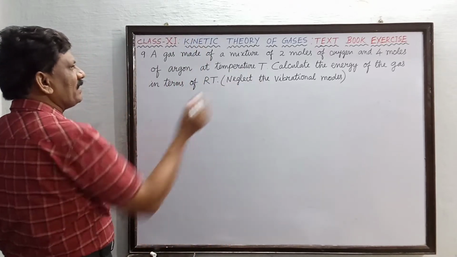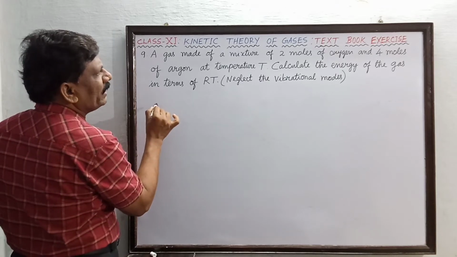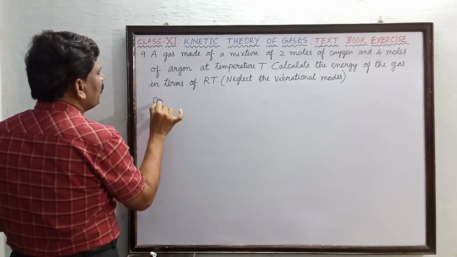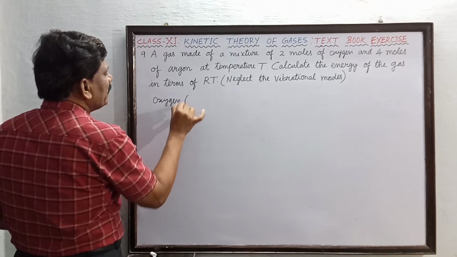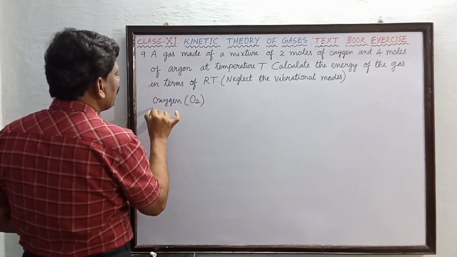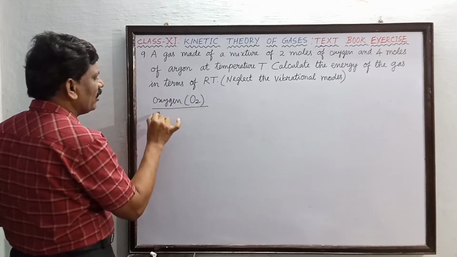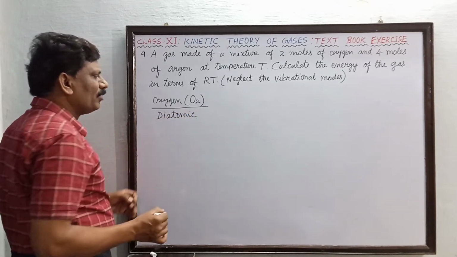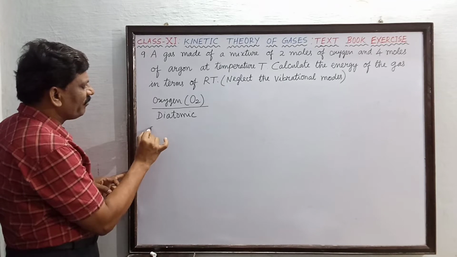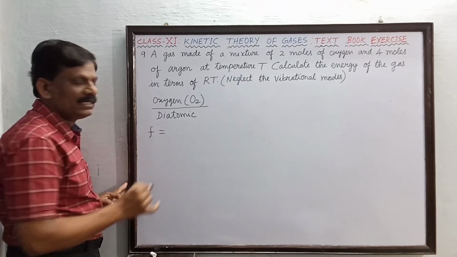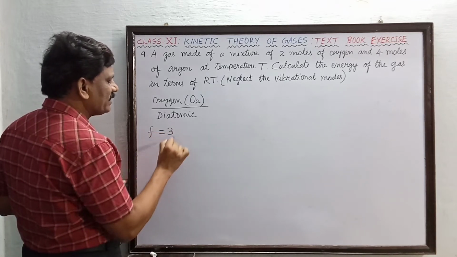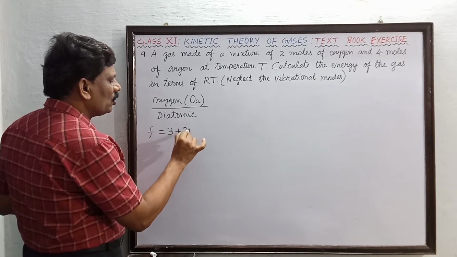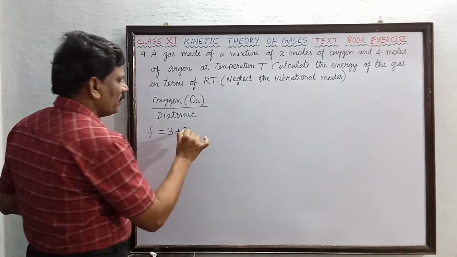I will consider first oxygen gas. Oxygen gas is diatomic. For a diatomic gas, the degrees of freedom is 3 due to translatory plus 2 due to rotational.